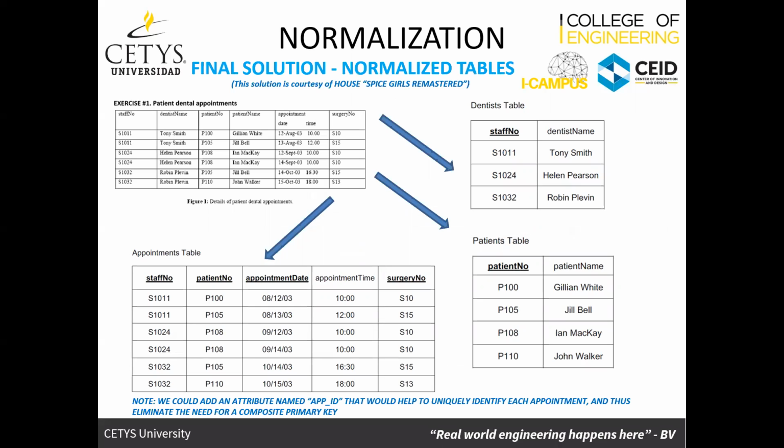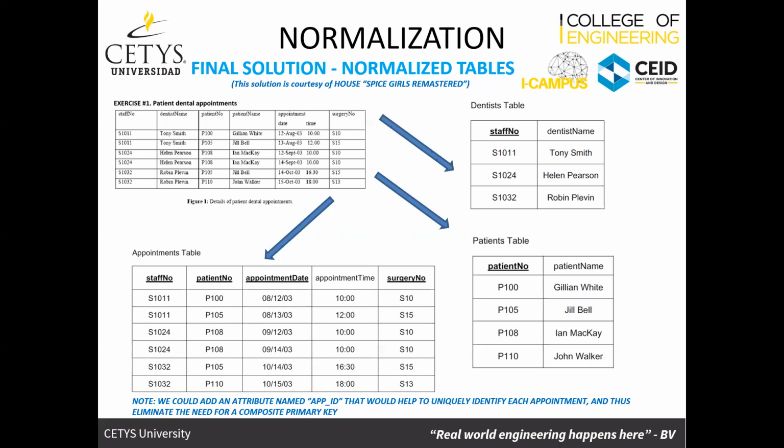We can separate it into a dentist's table, which has the staff number as the primary key. Got the staff number and the dentist's name. We've got a patient's table that is going to have the patient ID or number and the patient name. Those are the two tables that pop out that we should have.